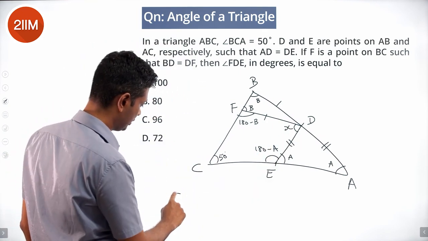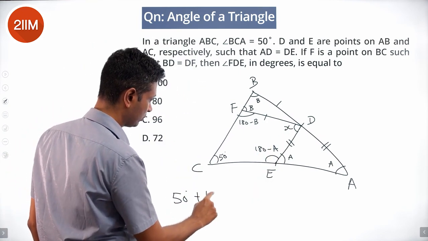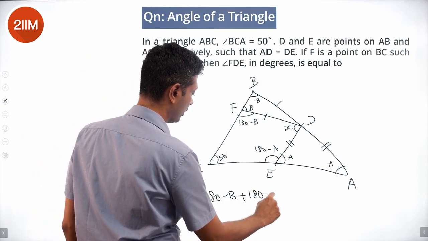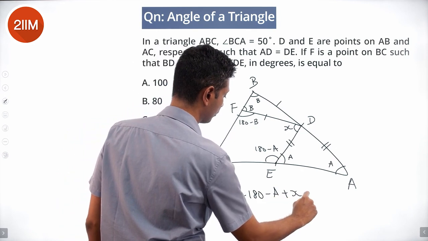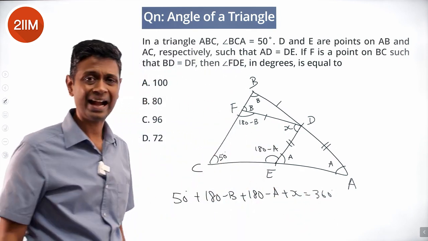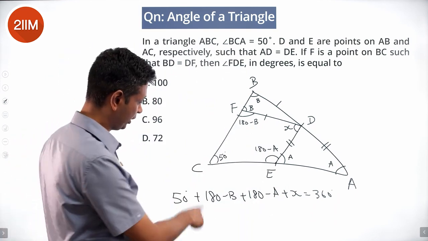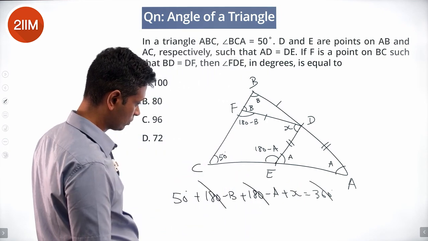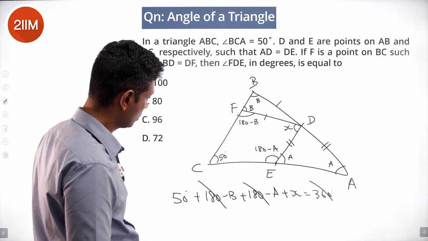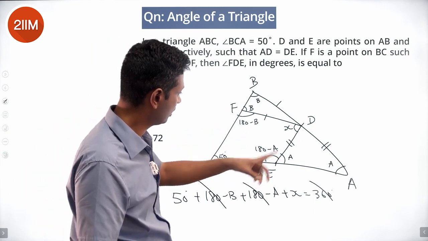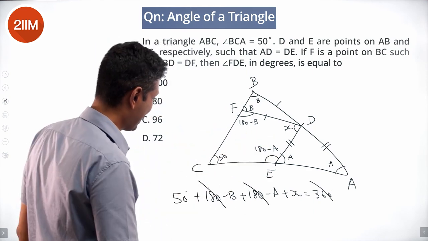50 degrees plus 180 minus B plus 180 minus A plus X equals 360 degrees. Why? 4 angles in a quadrilateral add up to 360 degrees. 180 plus 180 is 360. This goes away. 50 plus 180 minus B plus 180 minus A plus X equals 360.